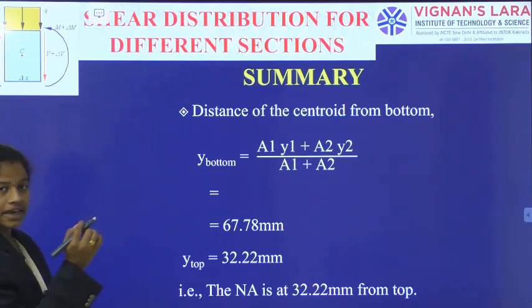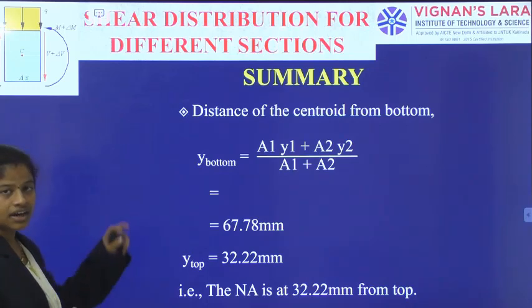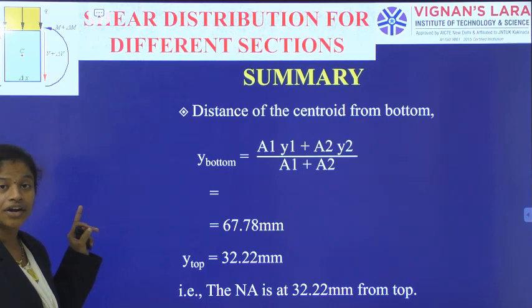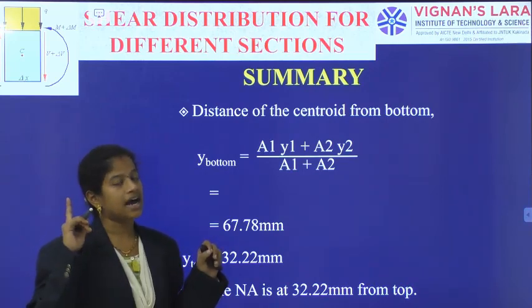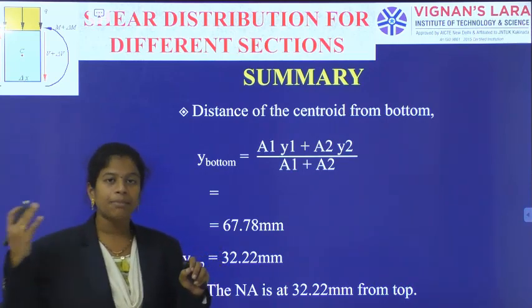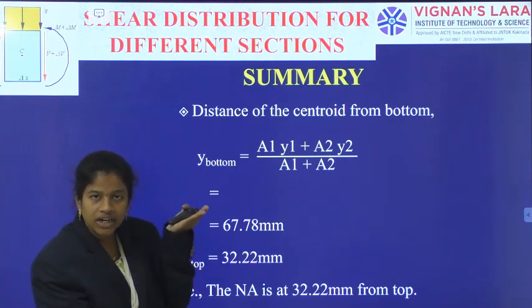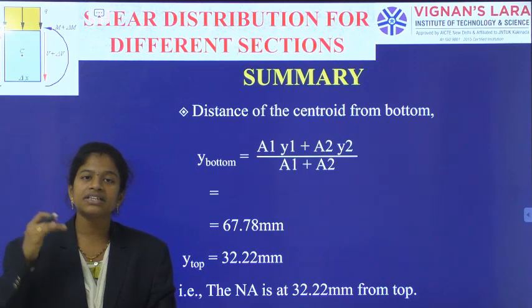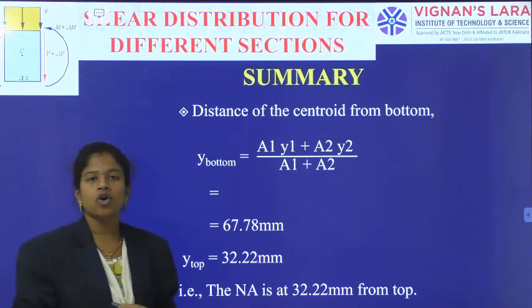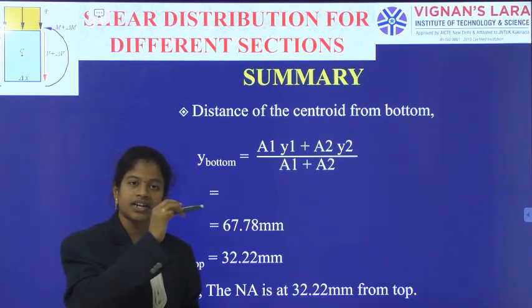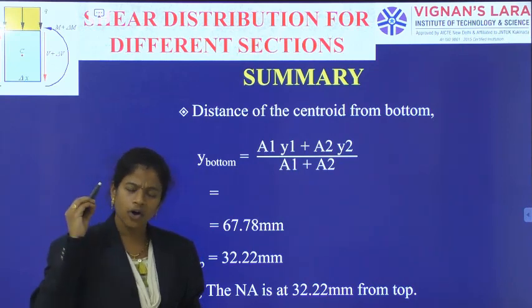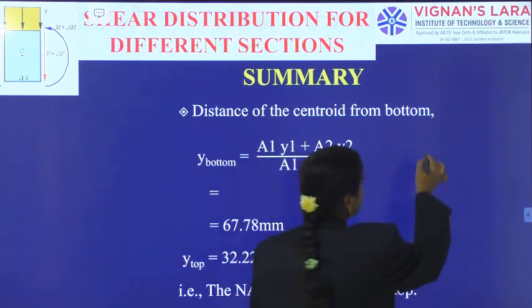So, as we have already mentioned here, I should generate the centroid because the neutral axis is always passing through the centroid but may differ from the geometrical centerline. Geometrical centerline means total depth by 2. Centroid means the area concentrated location. So that area concentrated location and neutral axis will always be collinear. Okay.